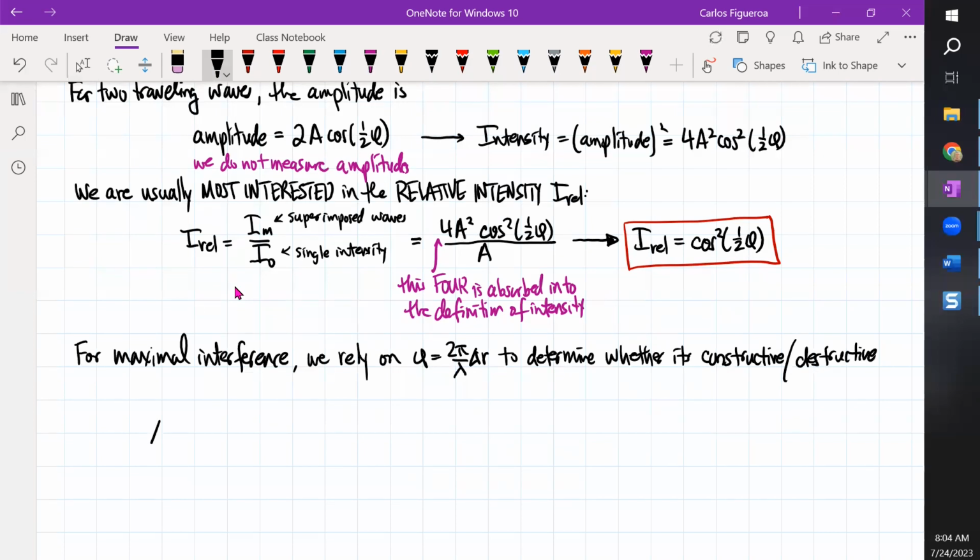So then we say that delta r, the path difference, could either be mC lambda, or it could be mD plus 1/2 lambda. And of course, the first will be constructive, and the second will be destructive, right? This is our path difference.